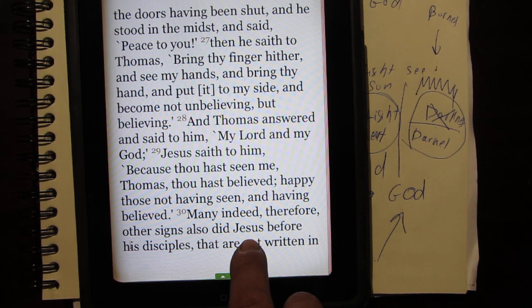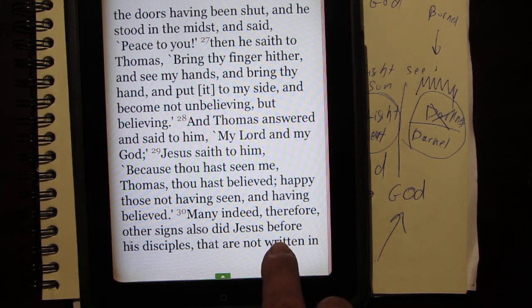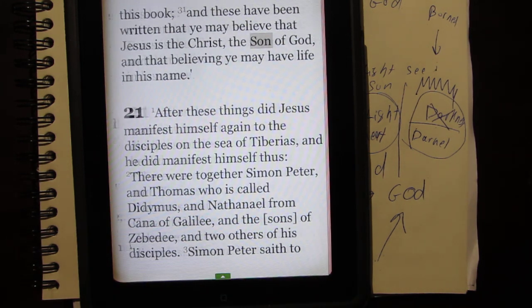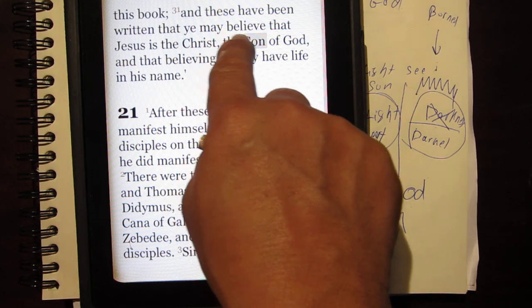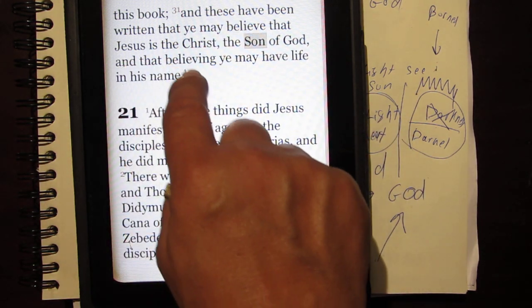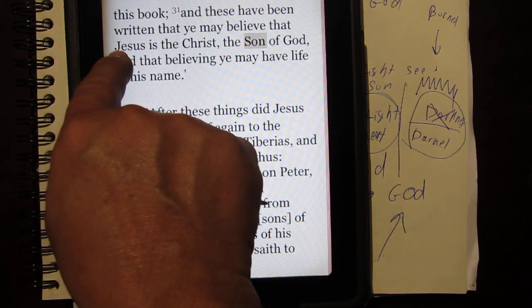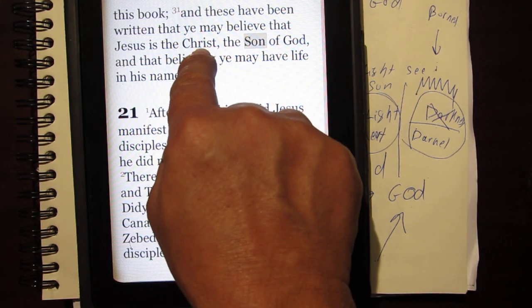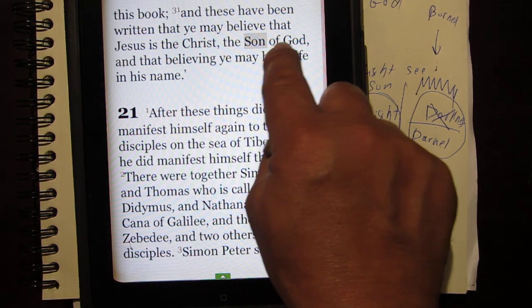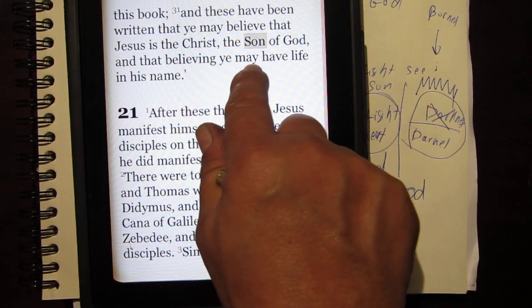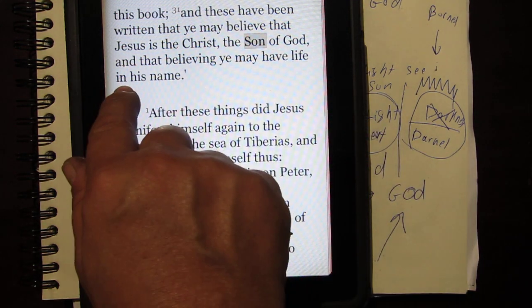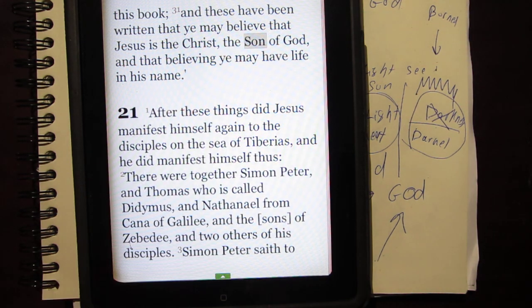Remember, Jesus means salvation is of Yahweh. Before his disciples, that are not written in this book. And these have been written that ye may believe that Jesus, salvation is of Yahweh, is the anointed, the Son of God, the light of God, and that believing ye may have life in his name.